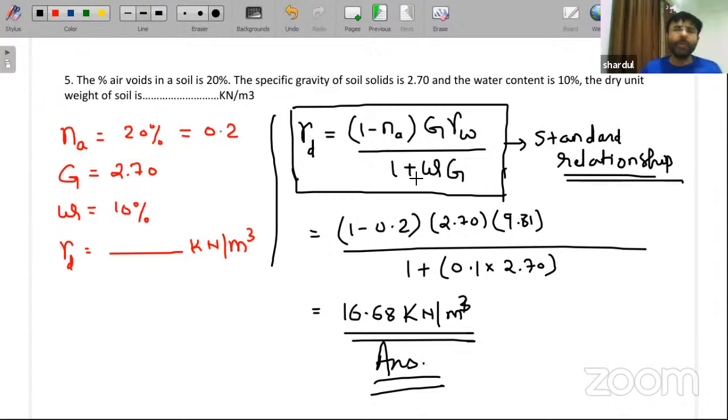That is, dry unit weight is equal to (1 minus na) G gamma W upon (1 plus wG). This formula you must have studied in the chapter of compaction, where you have studied the zero air void line. So in the theory of zero air void line, we use this particular relation to get the concept of zero air void line. Is it clear to everyone now?